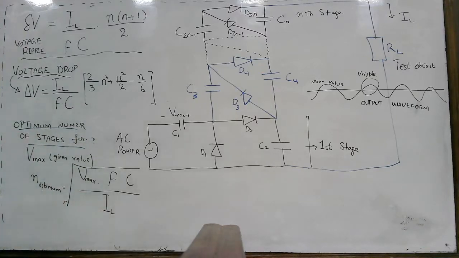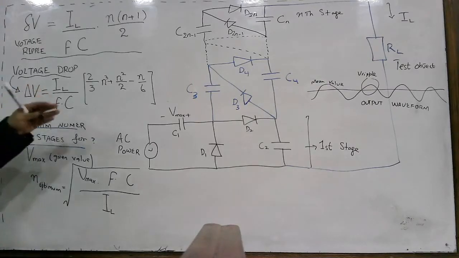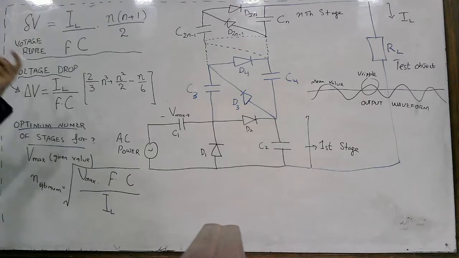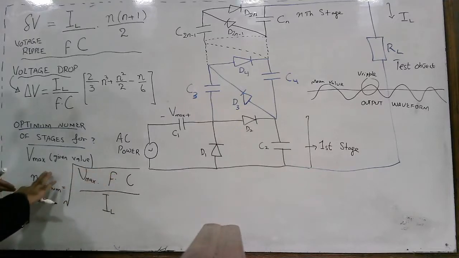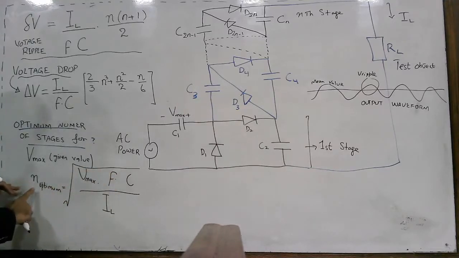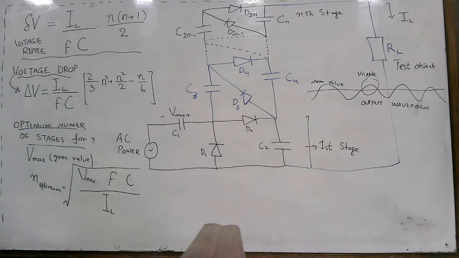So this equation gives us the idea of what the optimum number of stages should be. Why the optimum number of stages? Such that your voltage drop and your voltage ripples are minimized. If you have this number of stages, then your voltage drop will be minimum as well as your voltage ripples.